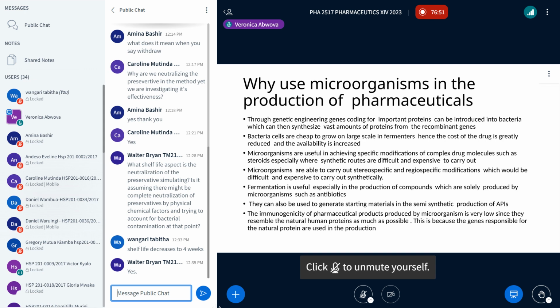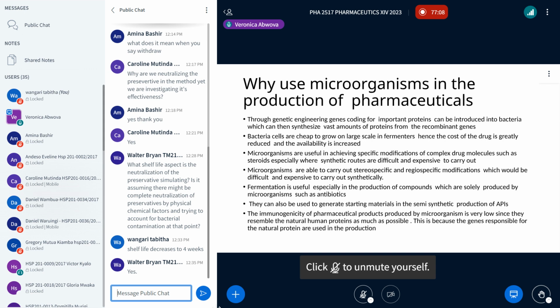It was becoming very expensive for the patients, because you needed to remove the insulin from the animals.